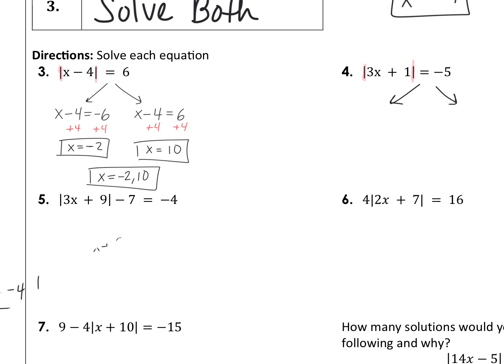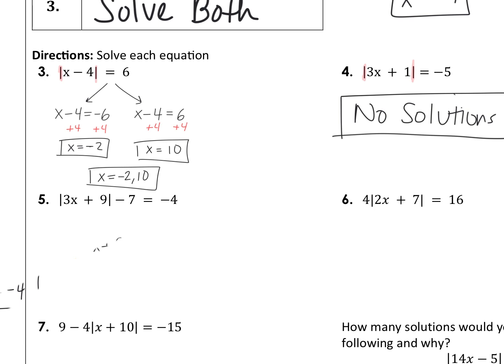We don't do negative 5 spaces because spaces are counted in positive, so psych, don't actually do that. Sorry if you're writing in pen. No, this is not possible. As you may imagine, you say no solutions. That's a technical term. Don't just say no can do. Tell me no solutions because you cannot have negative 5 spaces from 0. If you want to explain it, they're your notes.